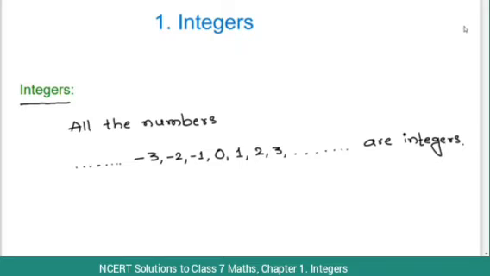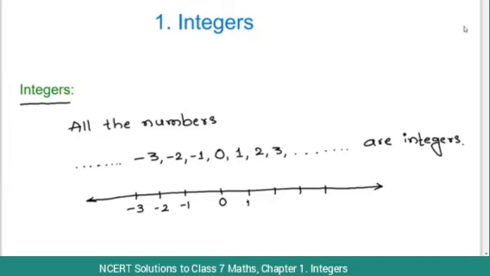Or we can represent the same integers on a number line. So it is a 0, to the right side positive numbers and to the left side of a number line negative numbers.